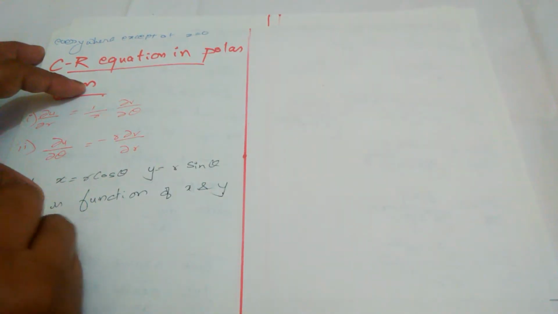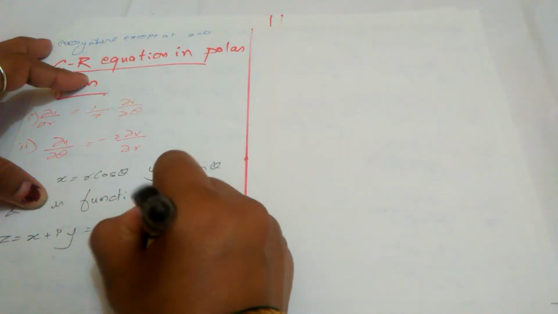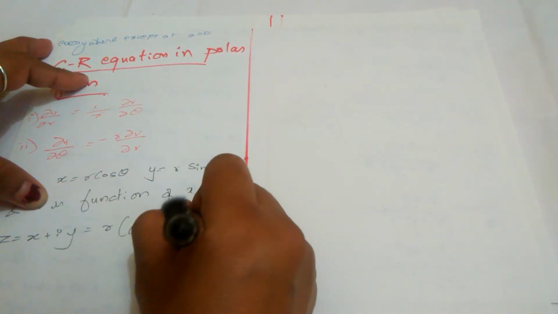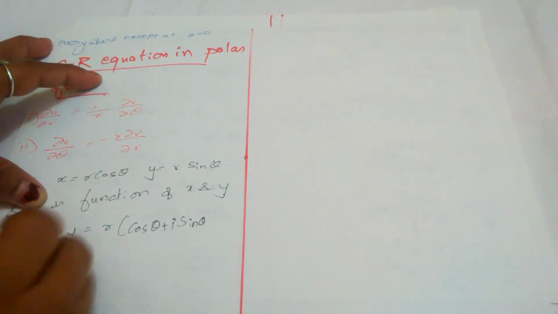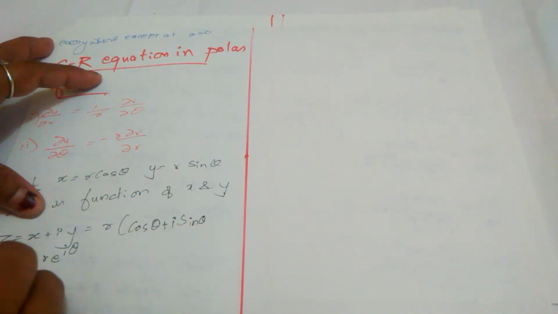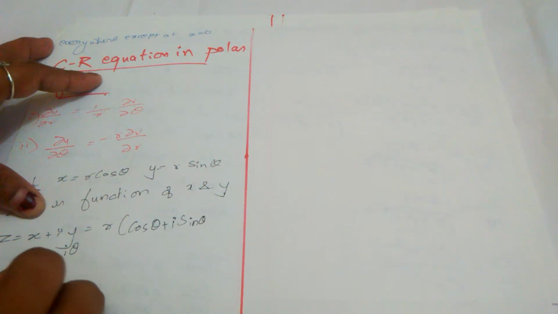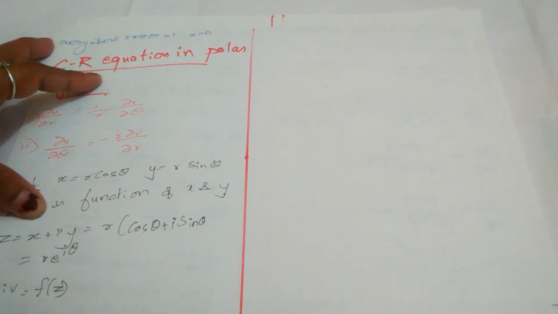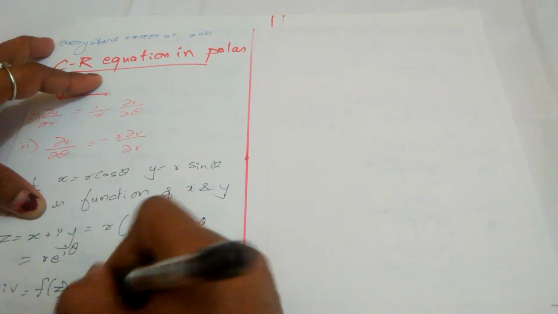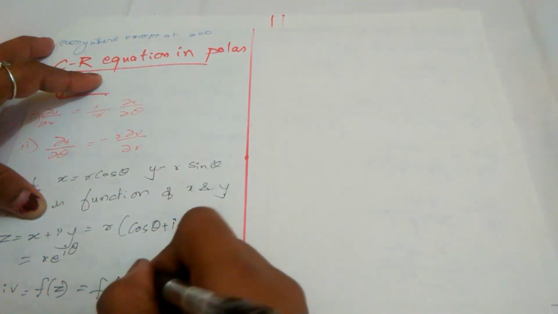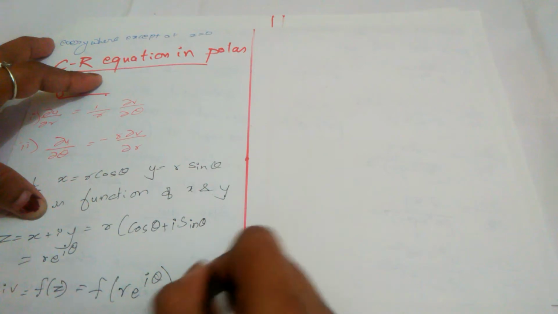The complex number z is equal to x plus iy, which is equal to r times cos theta plus i sin theta, which is also equal to r e raised to i theta. So u plus iv is equal to f of z, or you can write this as f of r e^(i theta). Let me mark this as equation number 1.